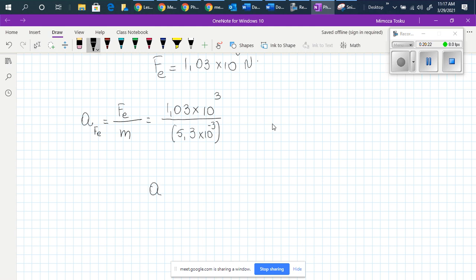And the acceleration as a result of the electrostatic force will be 1.94 times 10 to the power of 6 meters per second squared.